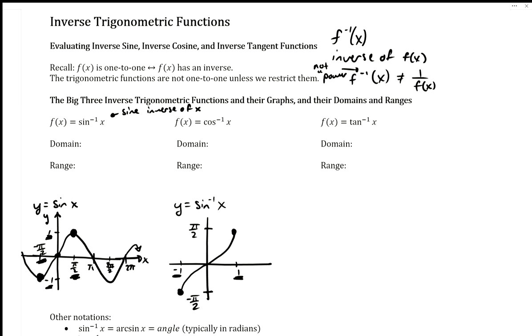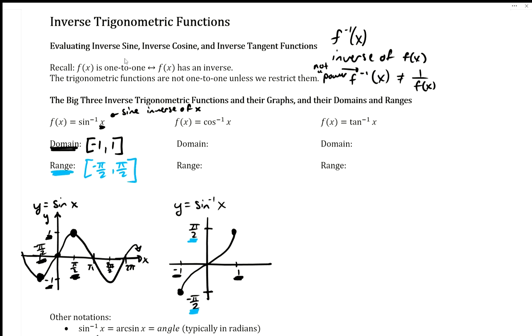Remember, domain involves the x coordinates, and would be from -1 to +1. The domain is what goes into the x. And then the range, let's mark that in blue, from the smallest to the biggest, is from -pi/2 to +pi/2.